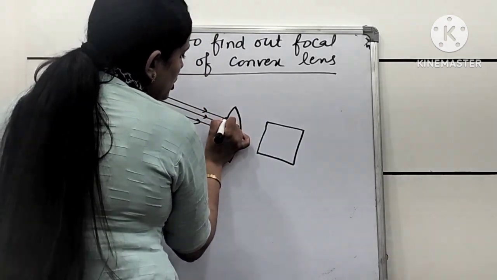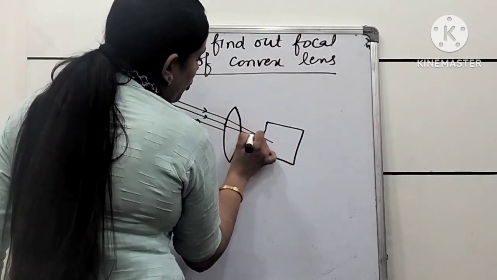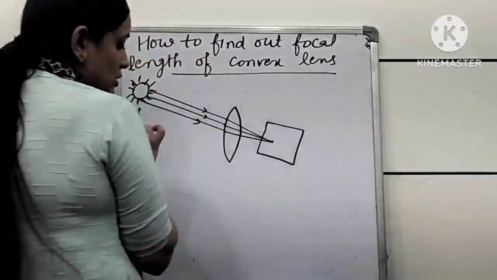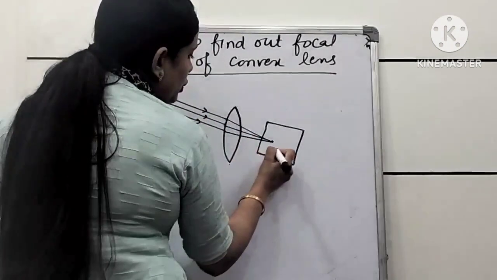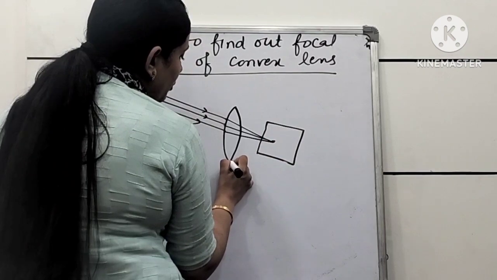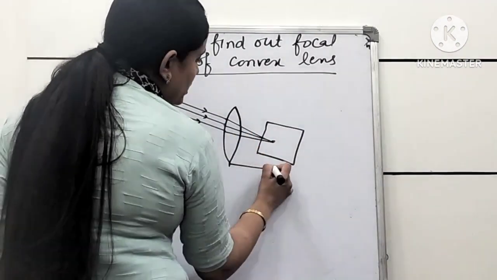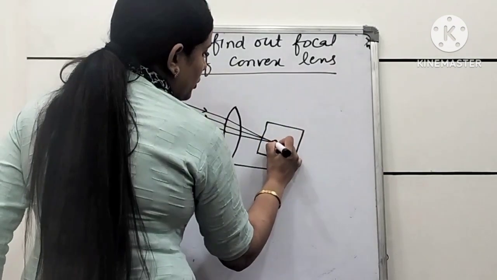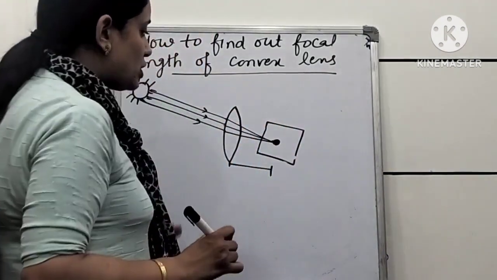These rays after refraction meet at a point, and that point is known as the focus point of that lens. The distance between this point and the convex lens is known as the focal length. This is the image of the sun.